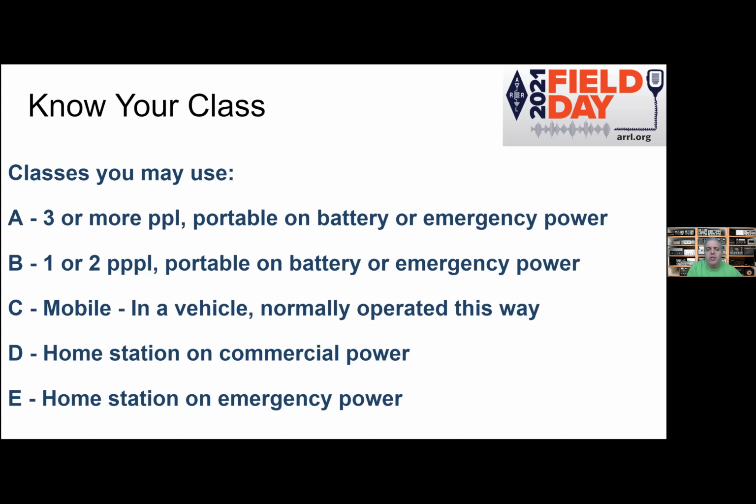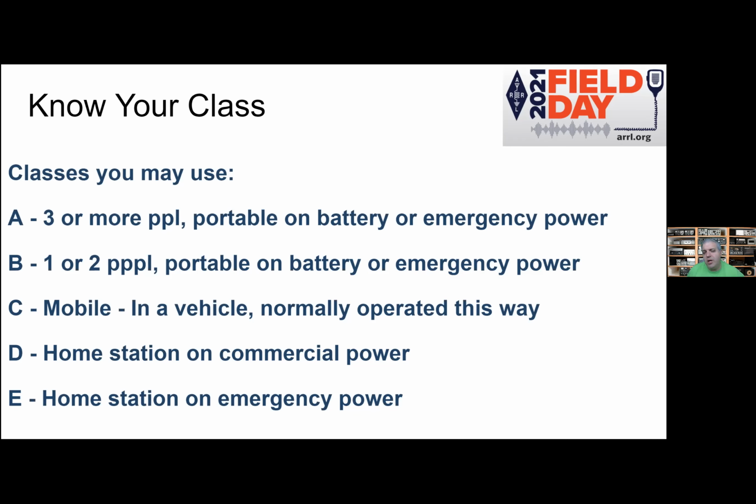If you stop somewhere and set up and put up antennas and do a bunch of things that you wouldn't normally do with your vehicle, then you're probably going to be a B, a Bravo station, rather than a mobile. So think of mobile as, I've got a radio that's permanently installed in my vehicle. I normally use it on a day-to-day basis in this configuration, or it's kind of a permanent configuration.